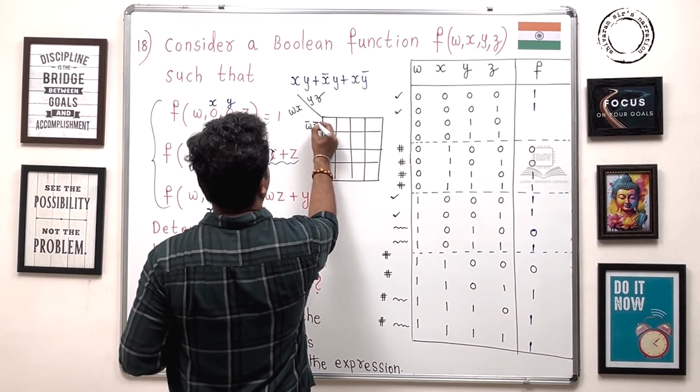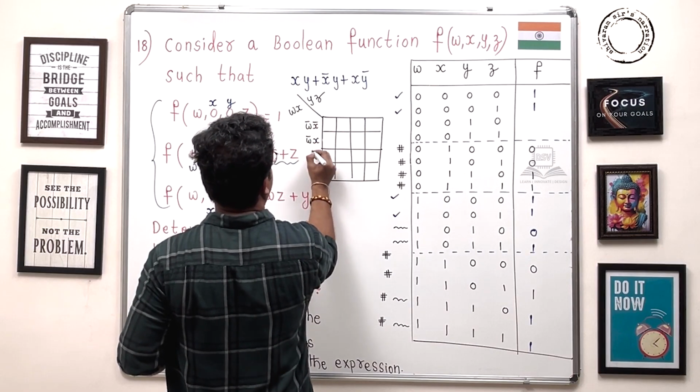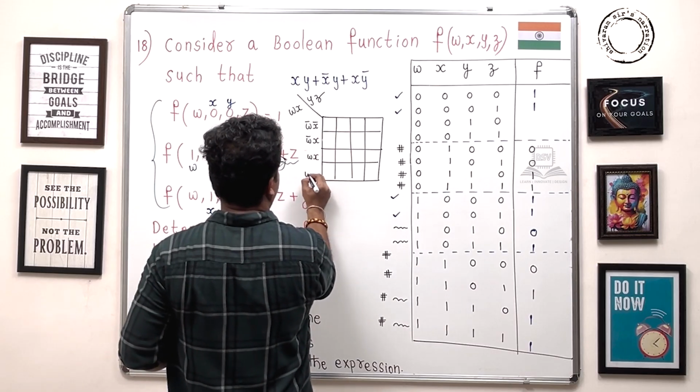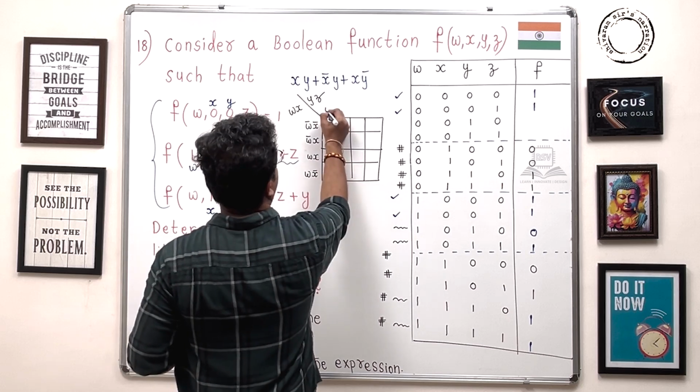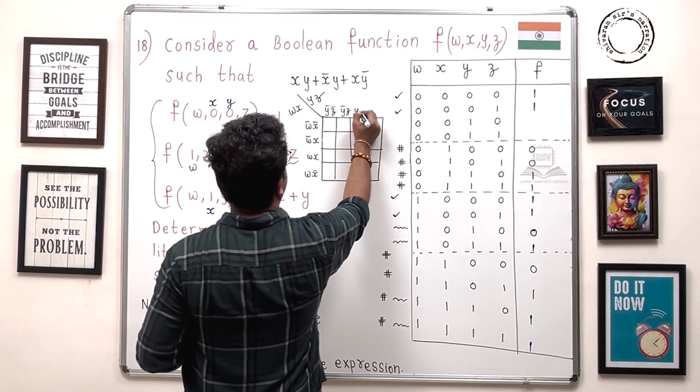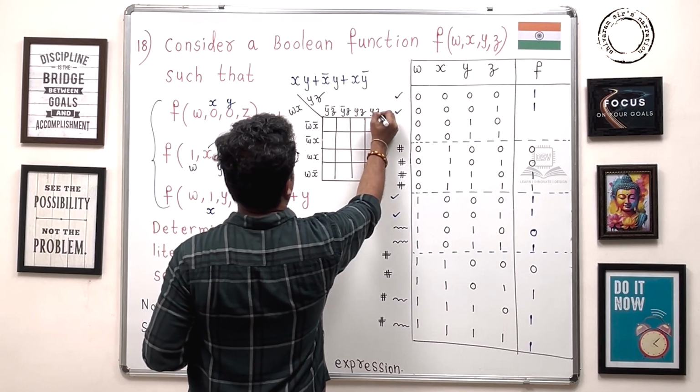The sequence is w bar x bar, w bar x, wx, wx bar. Similarly, y bar z bar, y bar z, yz, yz bar.